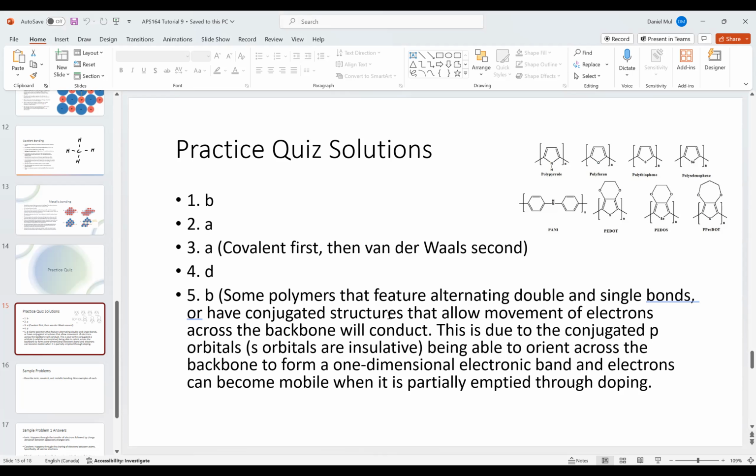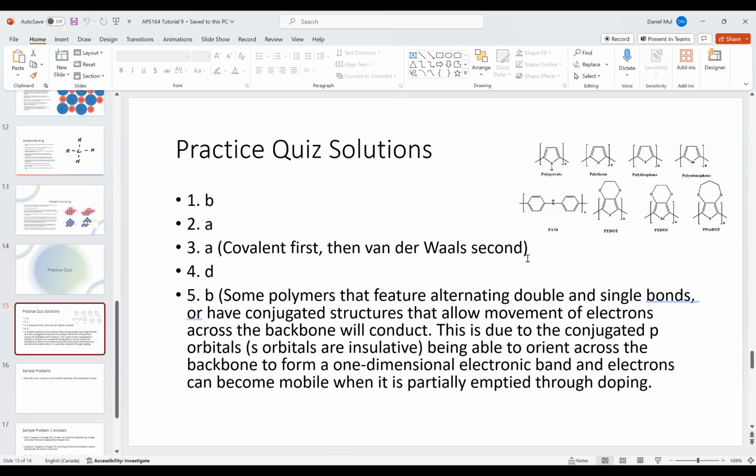Or they have these conjugated structures that allow movement of electrons across the backbone. When it has these alternating double and single bonds, you can build a bridge across where you have these conjugated p orbitals orient across the backbone to form a one-dimensional electronic band, and then the electrons can move across that single band.